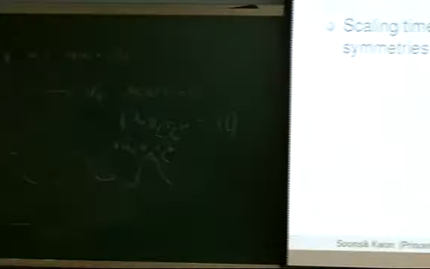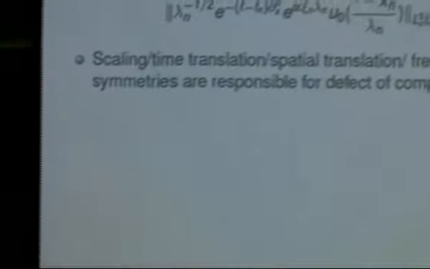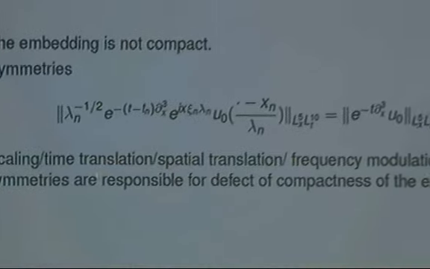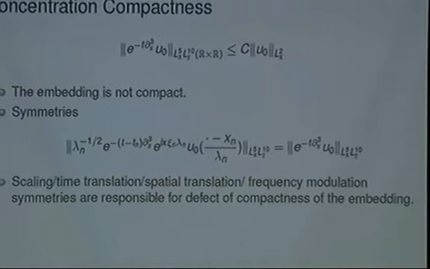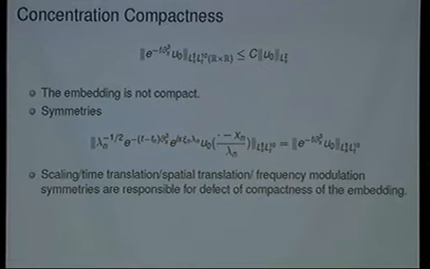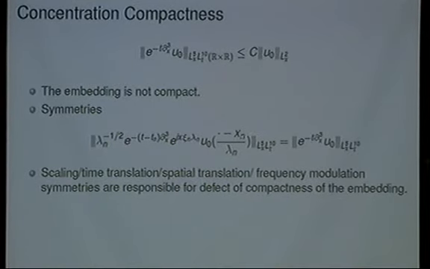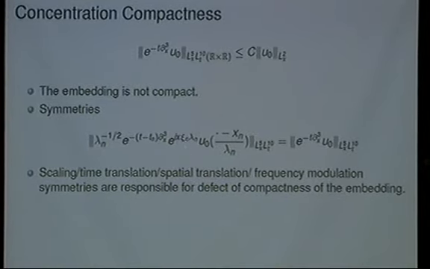But such a linear equation enjoys a lot of great symmetries, like the scaling symmetry, the time translation, spatial translation, and frequency modulation. All of these non-compact symmetries are responsible for the defect of compactness of such an embedding.